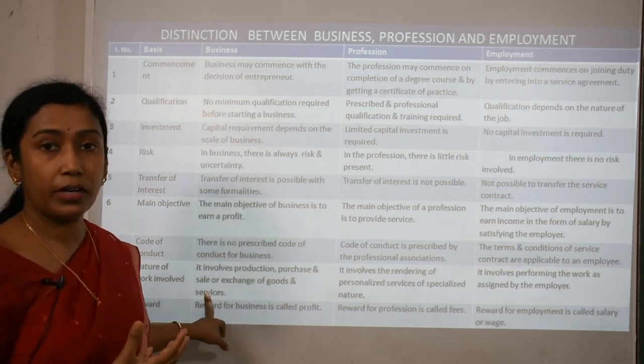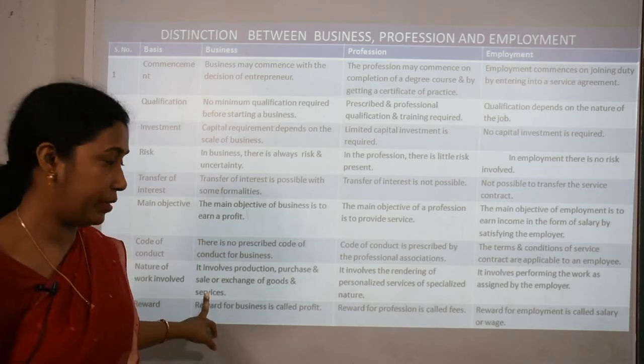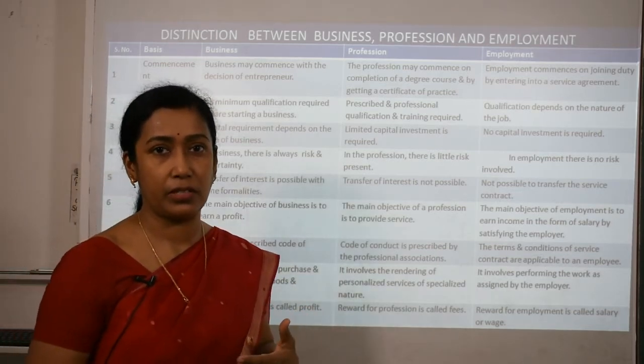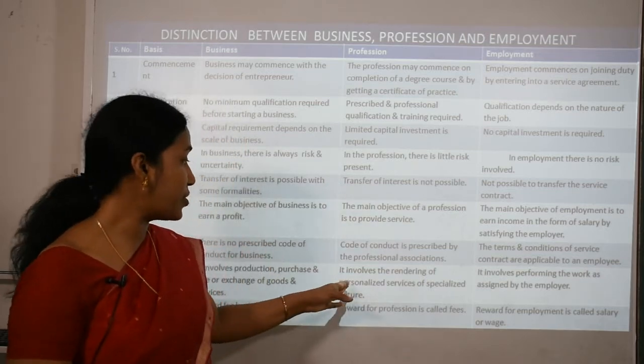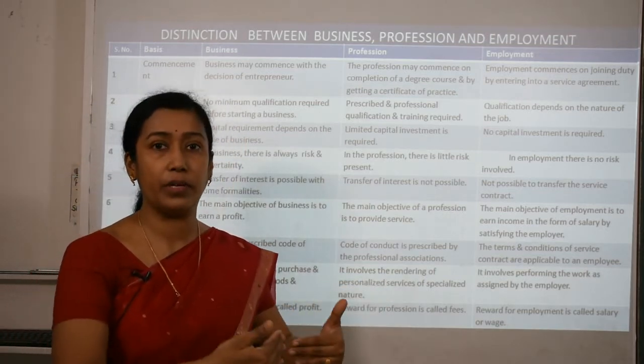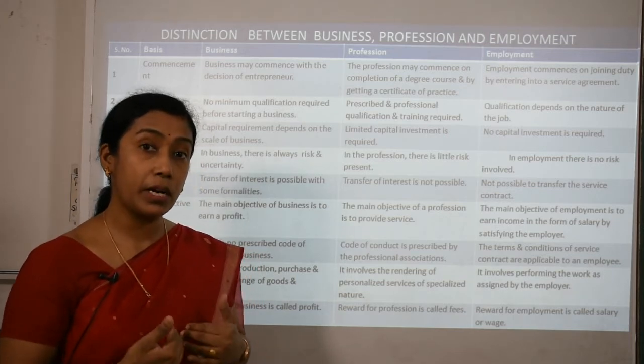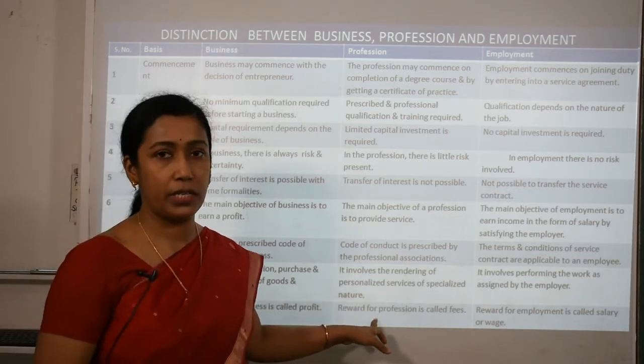Now the eighth is nature of work involved. That means what kind of work is involved in business, profession and employment. Business involves production, purchase, distribution, and exchange of goods and services. Profession involves the rendering of personalized service. To render means to provide, to give personalized services of a specialized nature.